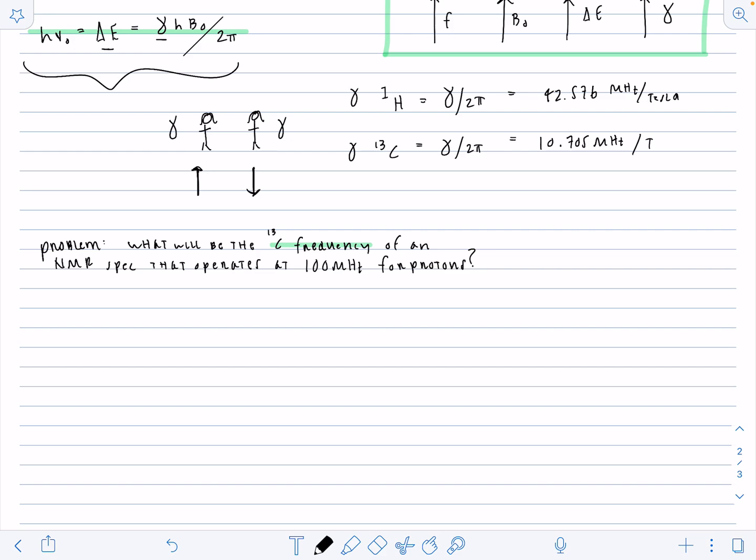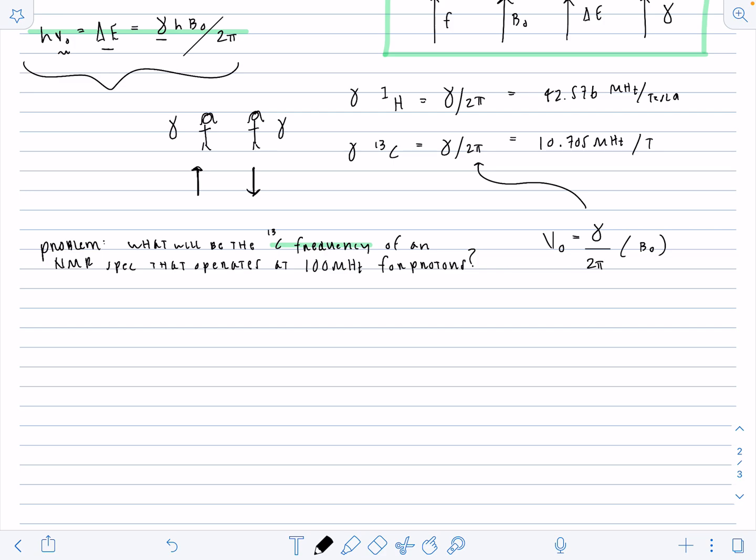Okay, sorry. So we combine this equation up here, my little green highlight, to form this equation, that frequency equals the magnetogyric ratio over 2 pi, that's this value that we're given right up here, times the external magnetic field. So what we need to find is the carbon-13 frequency.